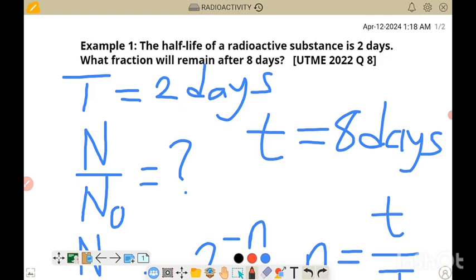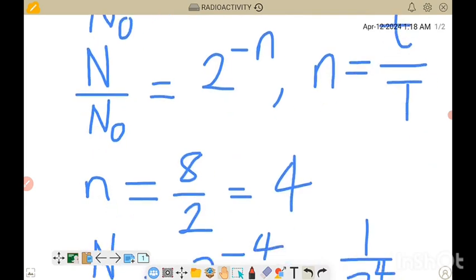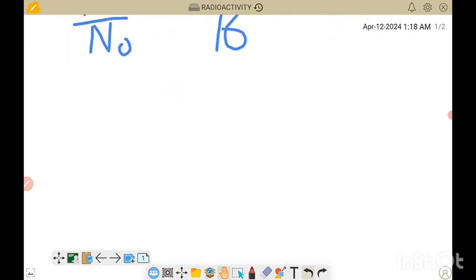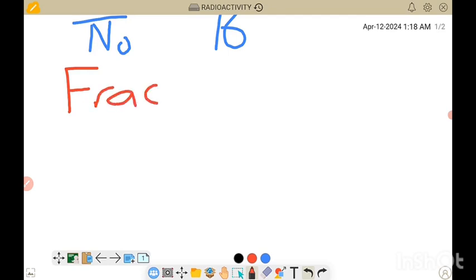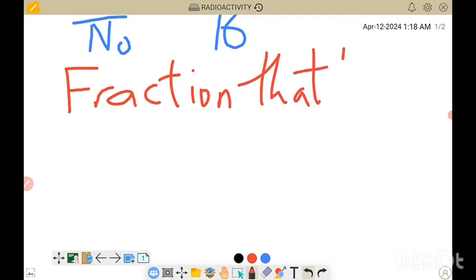After you have calculated the fraction that will remain, the fraction that has decayed is very, very simple.